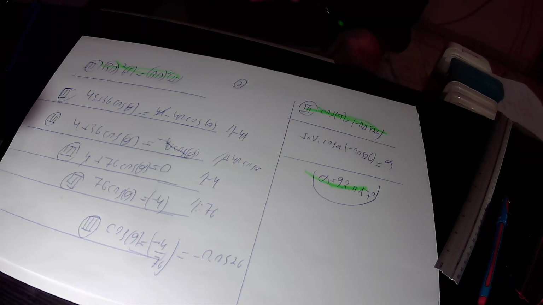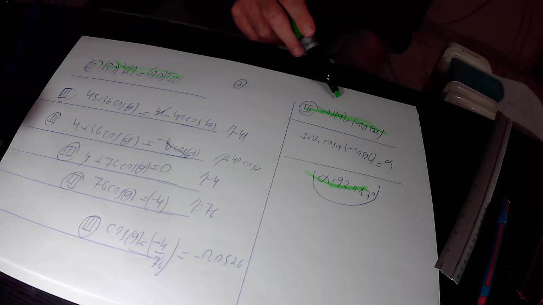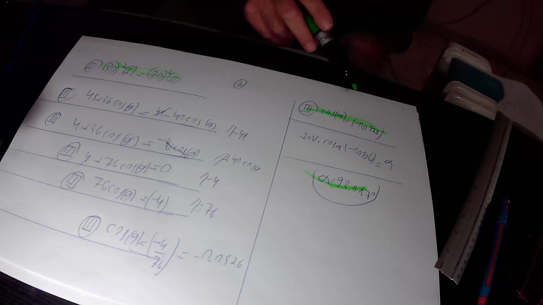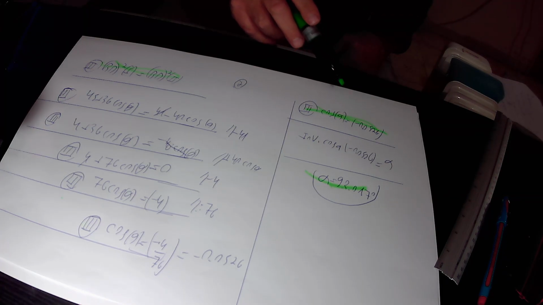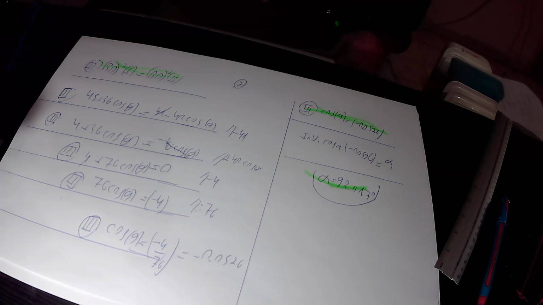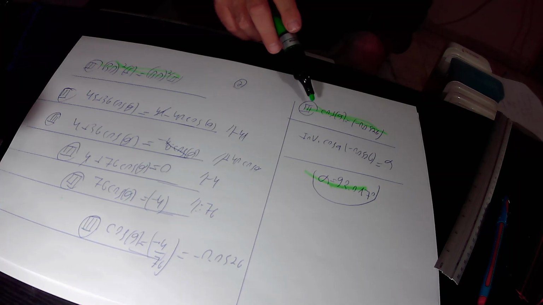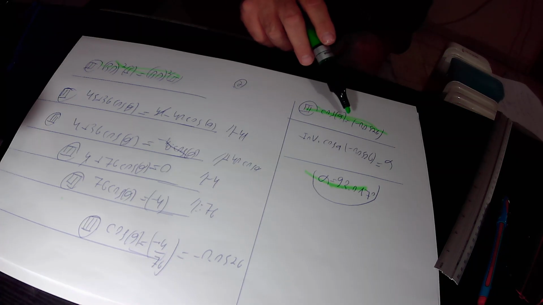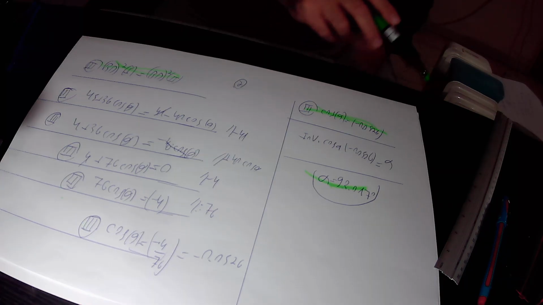In order to find out the value of alpha itself in this equation 3, we operate the opposite function of cosine, the inverse cosine, on the result of cosine alpha, which is actually minus 0.0526. In this way, we get the value of alpha itself.